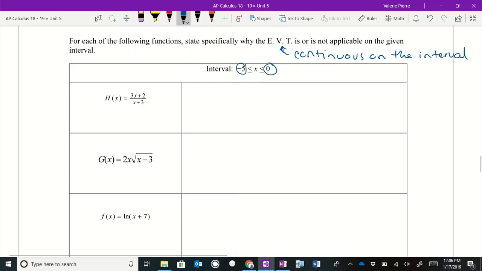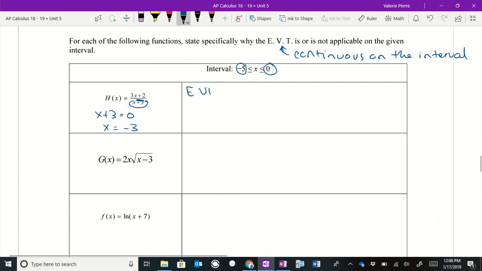Okay, so first thing we want to make sure is that our function is continuous on the interval. So h of x has a point of discontinuity when the denominator is equal to 0. So when x plus 3 equals 0, we have a point of discontinuity. So x equals -3. -3 is on this interval.